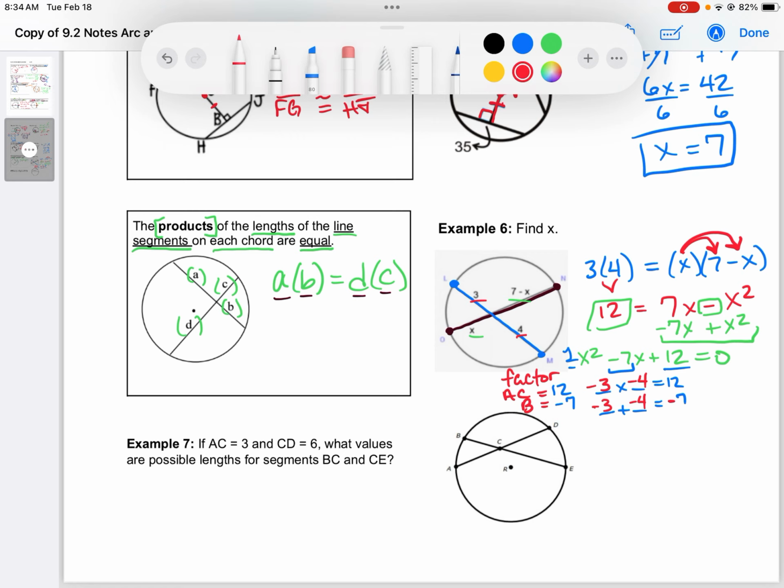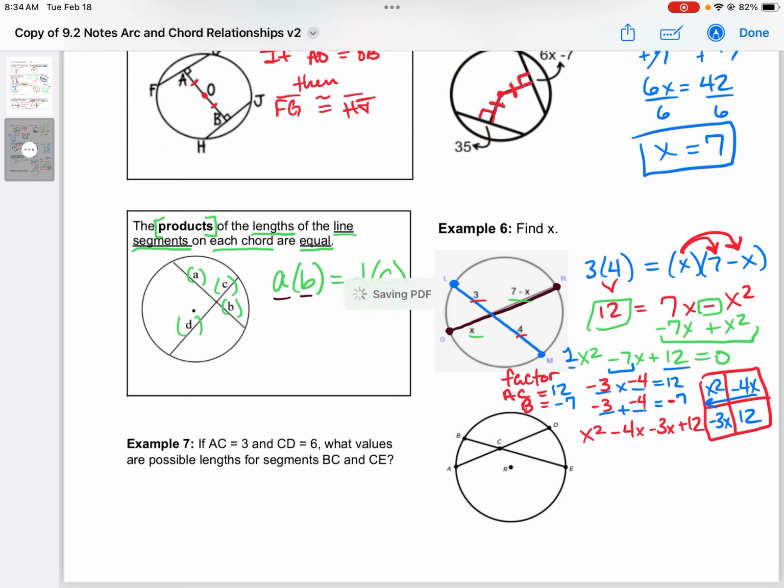So those are my magic numbers, and you might have in Algebra 2 used the box method, but once you can split your binomial, you would just write that out and then put those into the box where you would further factor them. So hopefully this is ringing some bells for you from algebra, but we'd factor to the left.